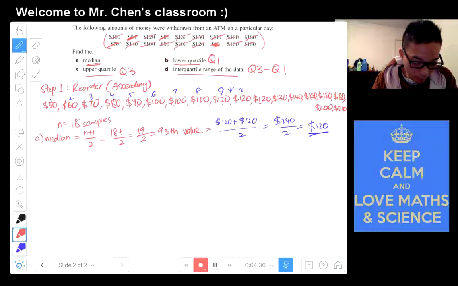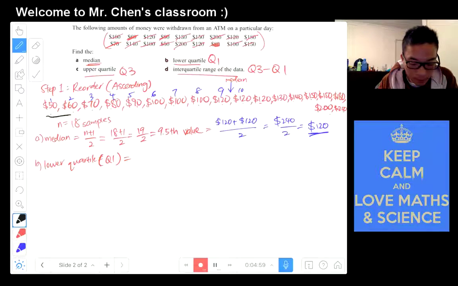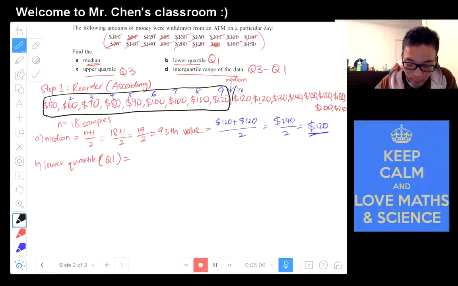So once you got that, you know your median is right there. Now you can move on to find the lower quartile, which is your Q1. To find that, you need to split this into two halves, this half and that half.